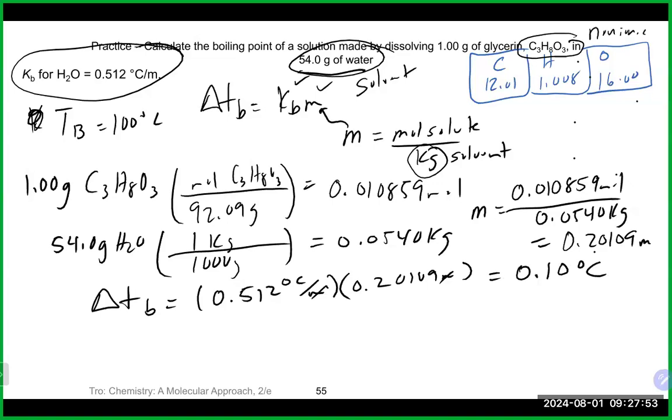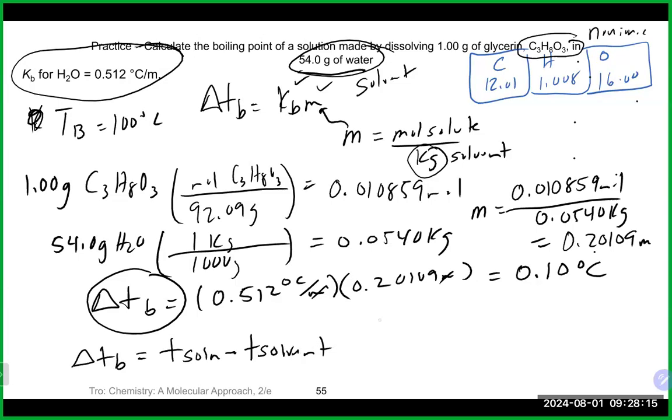0.10 degrees Celsius. Once again, though, that is not the answer here, right? So that is the change in boiling point temperature. So remember that the change in boiling point temperature is equal to the temperature of the solution minus the temperature of the solvent.